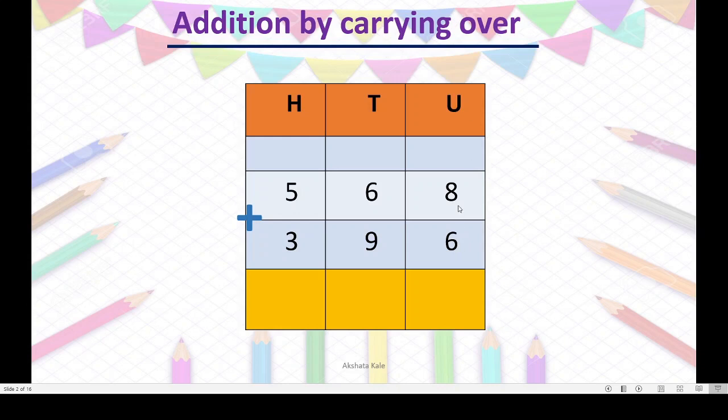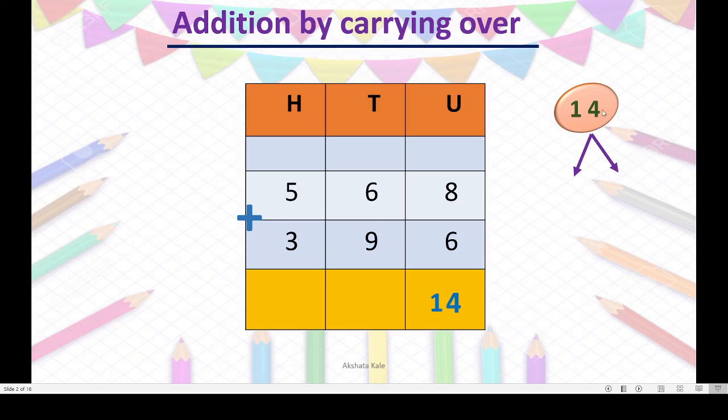We will start. 8 plus 6. How much? 8 plus 6 is 14. I will write here 14. But you know we cannot write two digits under the units place. So first we will take 14 and again see the place values of these numbers.